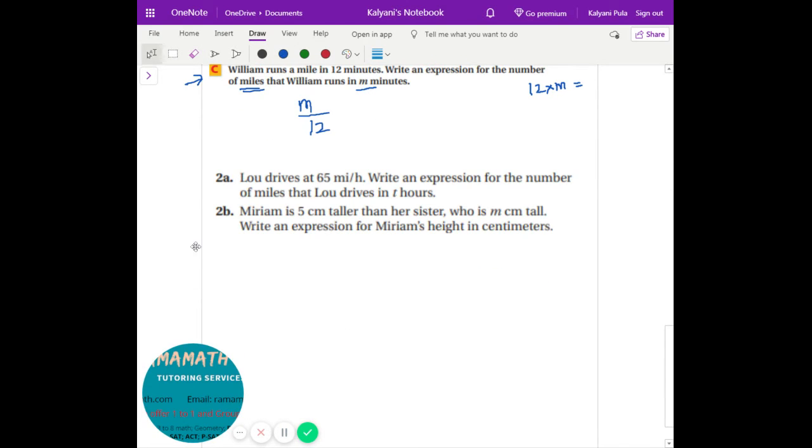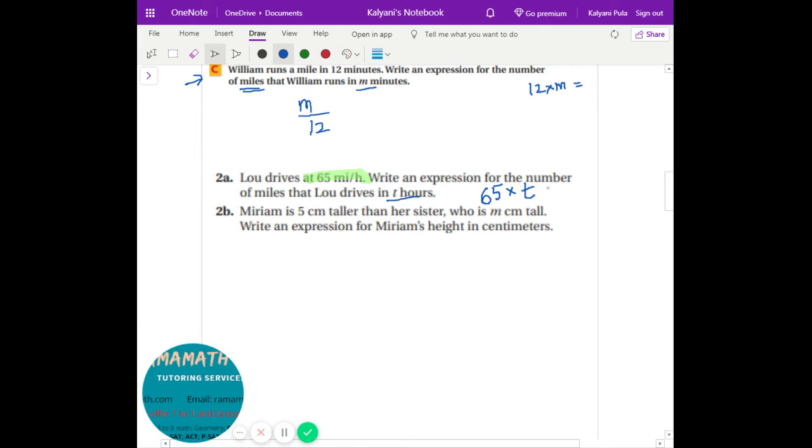Mm-hmm. So in this question, Lou drives 65 miles per hour. The expression for the number of miles if she drives for t hours. What does this mean? 65 miles per hour means for every 1 hour, you can go 65 miles. But if you're going for t hours, obviously you're going to travel 65 times t.